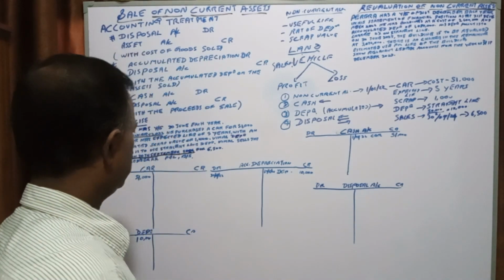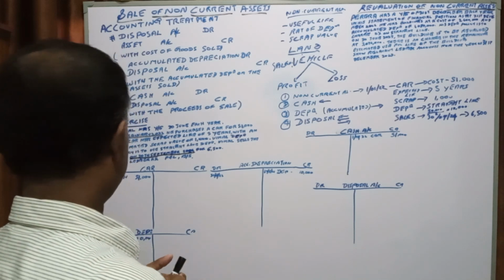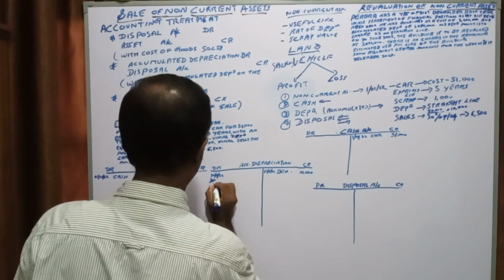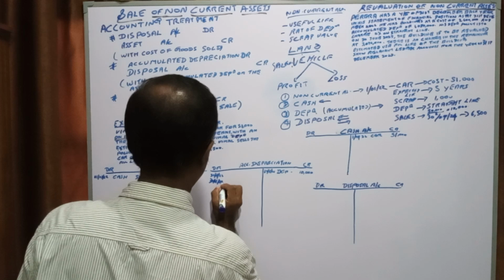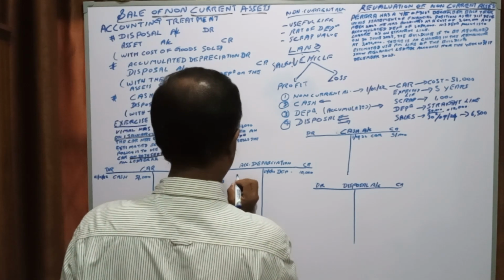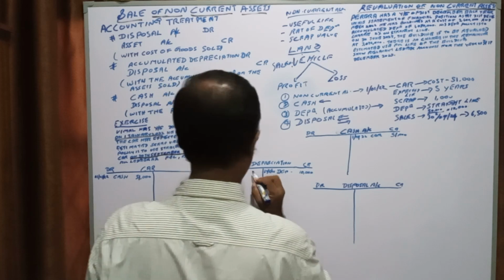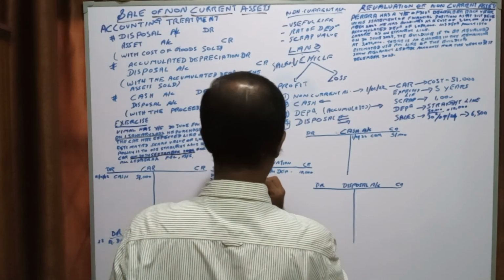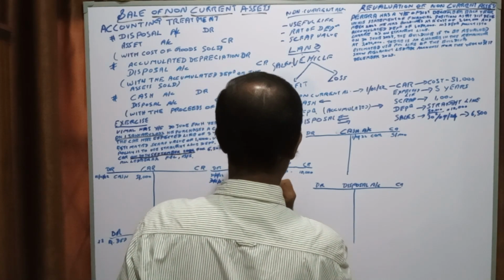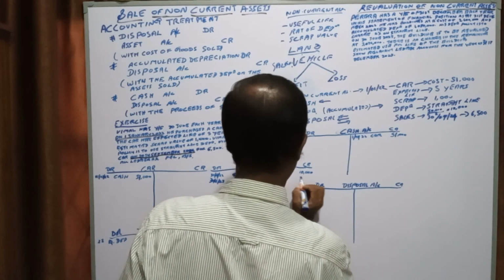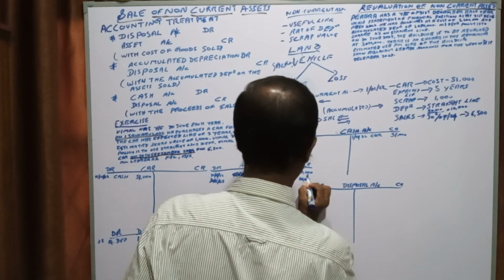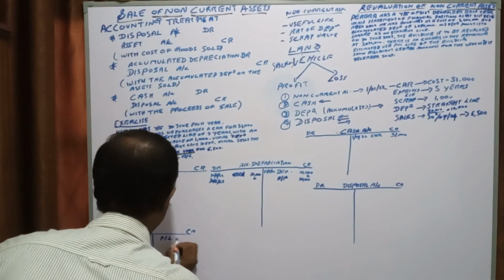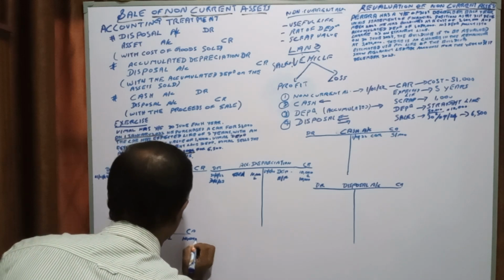Up to the year 2023 we have prepared, and 2022 we have prepared. We have to prepare the 2023 P&L. Carried down 10,000, brought forward 10,000. Here in P&L we are transferring 10,000, closing the entries.